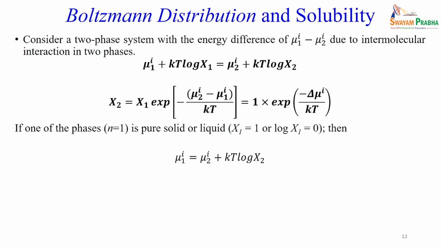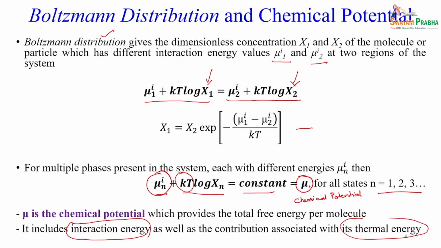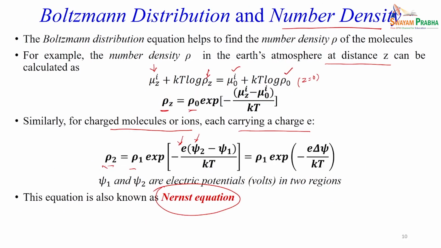This is very simple, the same equation: self energy plus kT ln x1 is equal to mu 2 in phase 1 plus kT ln x2. So, here x2 is equal to x1 e to the power minus delta mu upon kT. Now, in terms of solubility, as I told in the last slide, this is dimensionless, a dimensionless concentration, like in terms of molar ratio or the volume ratio.